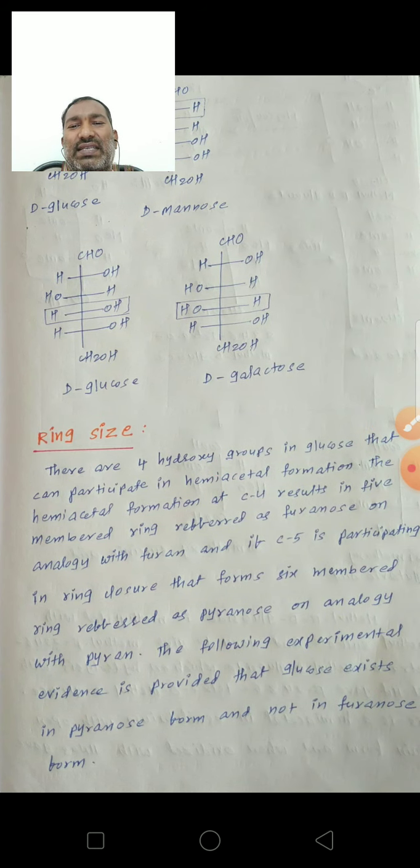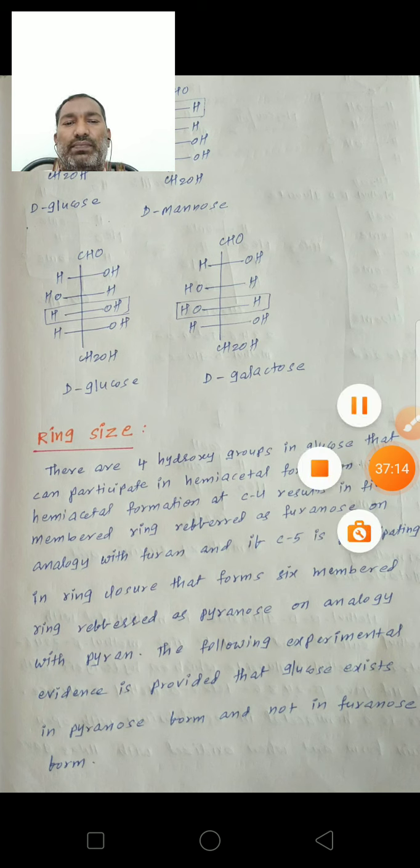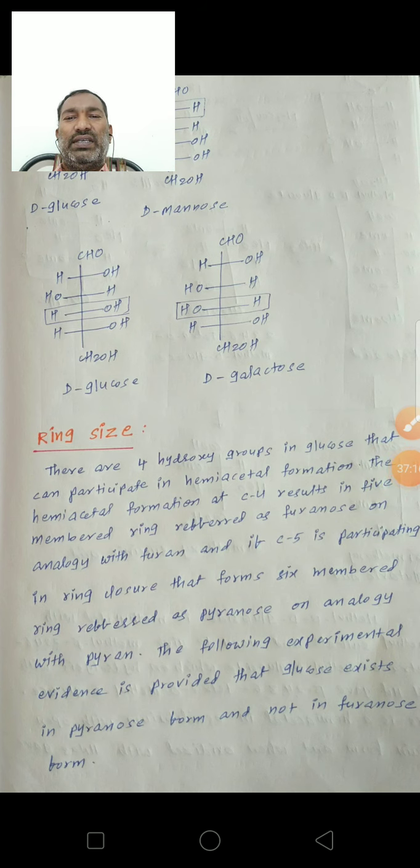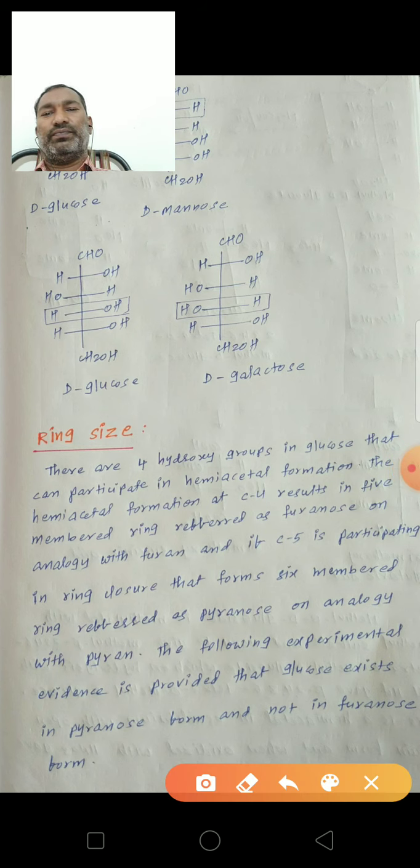See the next example, D-glucose and D-galactose. Both are also examples of epimers. See here, in D-glucose, this is the first carbon, second, third, fourth carbon. Fourth carbon OH is on the right side for D-glucose. In D-galactose, the fourth carbon OH is on the left side.